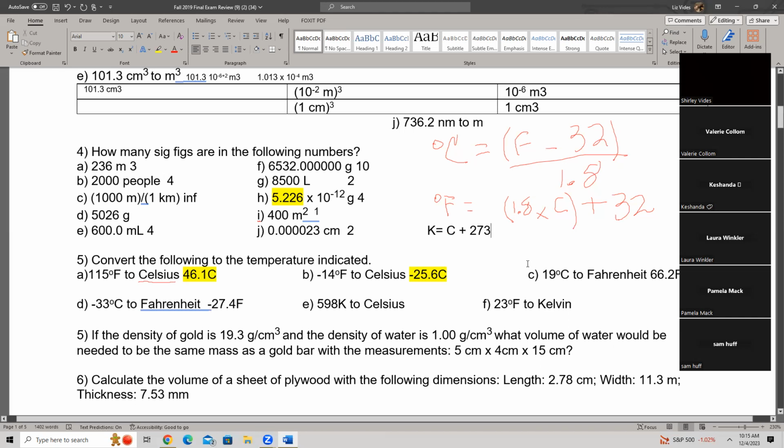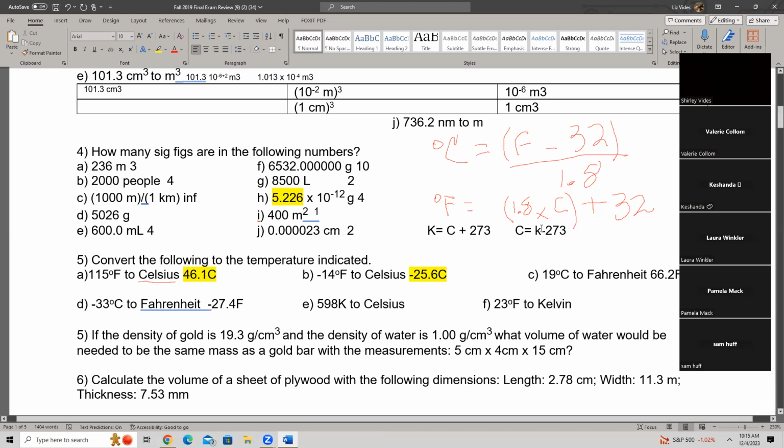Oh, sorry, minus. We're going to Celsius on this one, so I went backwards. All you have to do is solve for Celsius, which in this case would be equal to Kelvin minus 273, right?